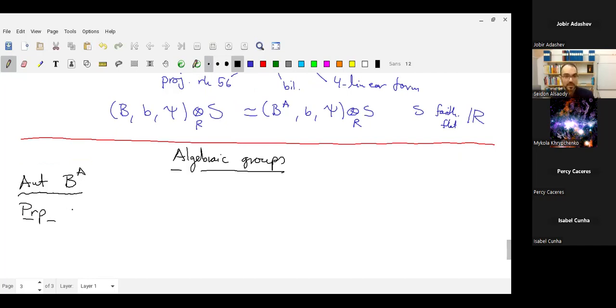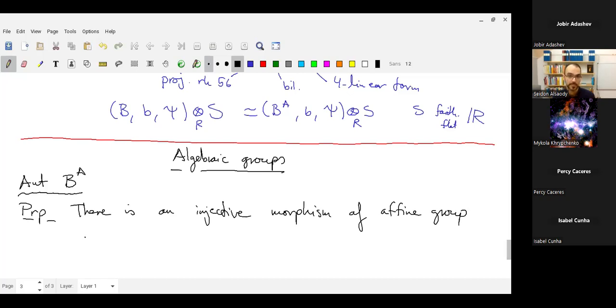Indeed, we find that there is an injective morphism of affine group schemes, iota, from the isometry group of the cubic form N of the Albert algebra to the automorphism group of BA.